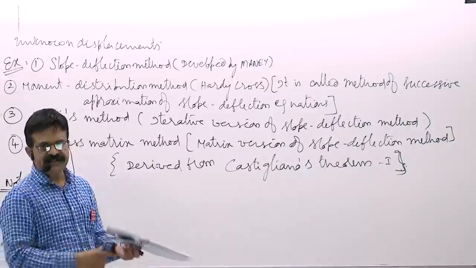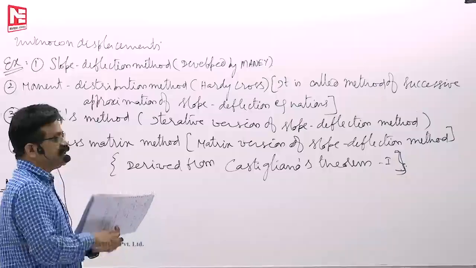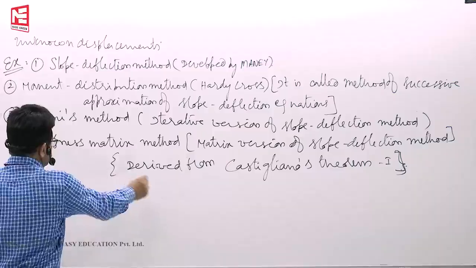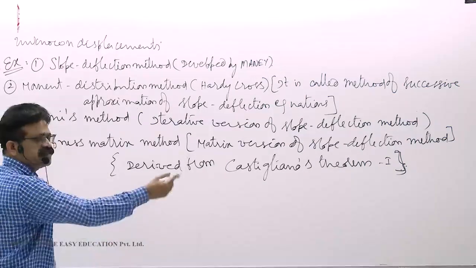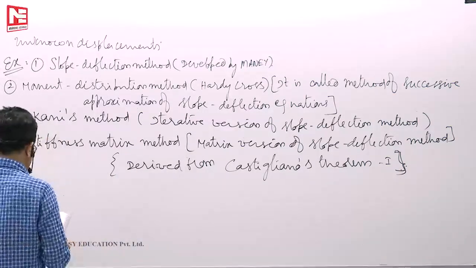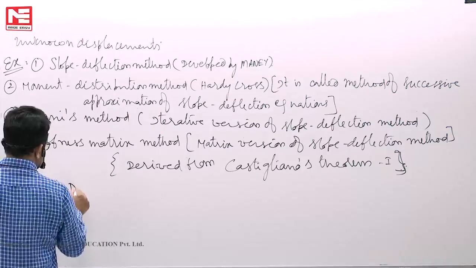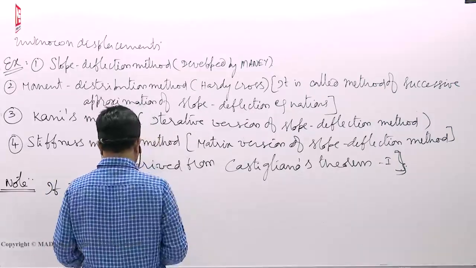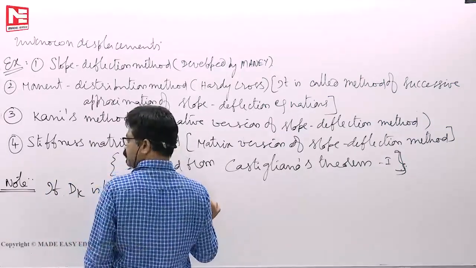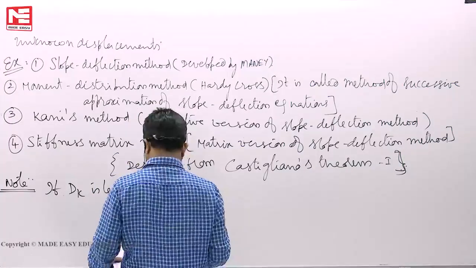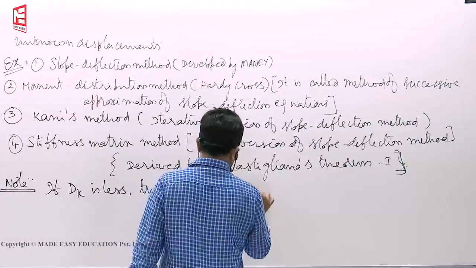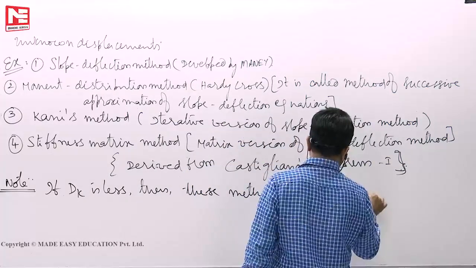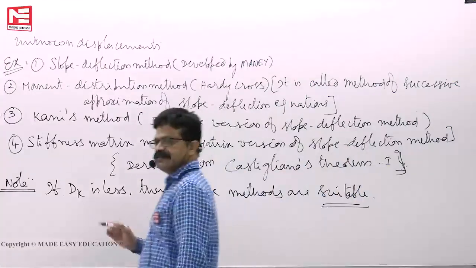If dk is 0, then you will get a set of simultaneous equations with 0 displacement itself. So if dk is less, then these methods are useful, these methods are suitable. Okay, this is the thing.